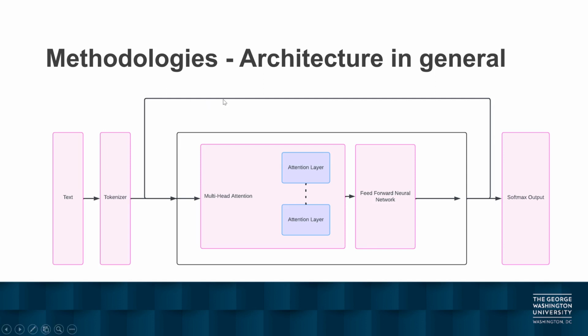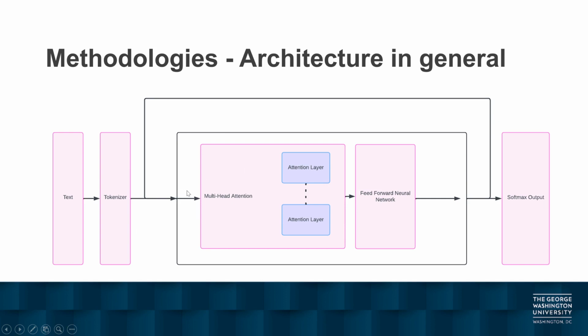And this is the structure of the transformer used in this project. First, we have the text as input. Then we throw the text into the tokenizer, which is the BERT cased tokenizer in the AutoTokenizer from the Hugging Face transformers package.